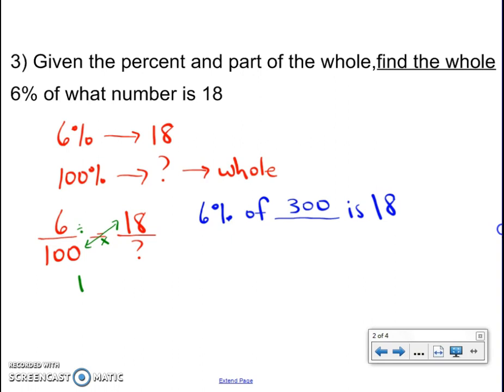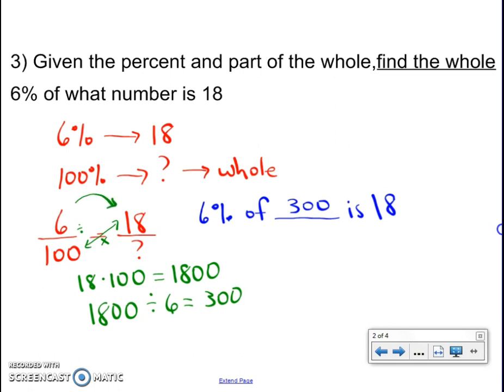So in this case, we would do 18 times 100 equals 1800. And then we would take that 1800 and we would divide it by 6. And we get 300. So this is a mathematical calculation that will always work. So even if you don't have neat and tidy numbers here, you can work with this type of calculation, and that is called a proportion. And we're going to look at that in the next slide.